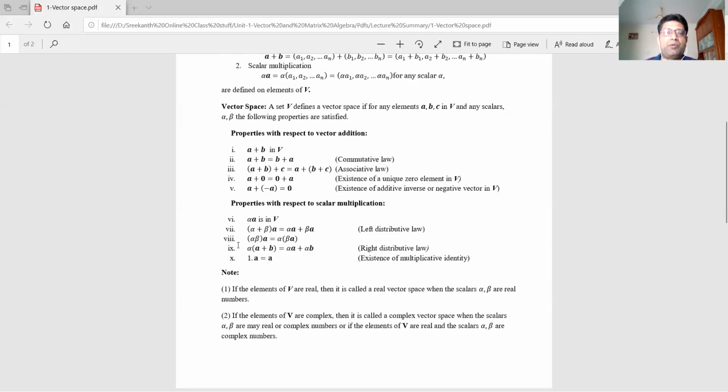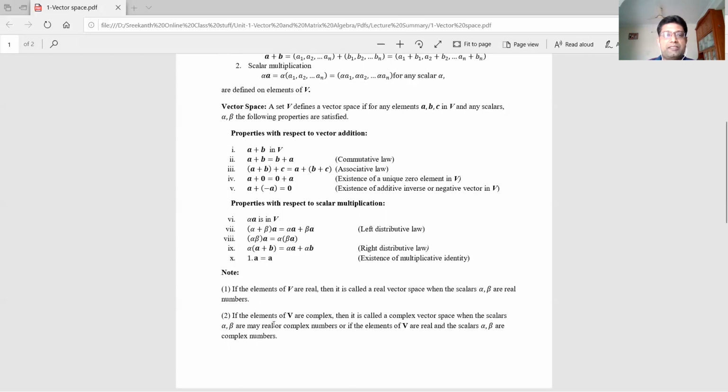So these are the 10 properties. If any non-empty set V satisfies these 10 properties or axioms, we say that it is a vector space. And here is a note: there are two types of vector spaces, real vector space and complex vector space. A real vector space means the elements of V are real, where the scalars alpha and beta must be real numbers.